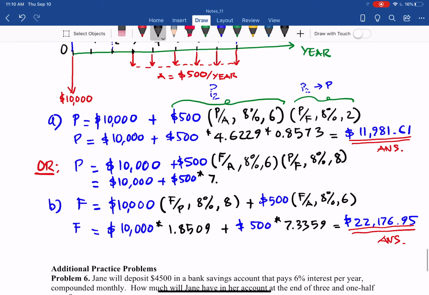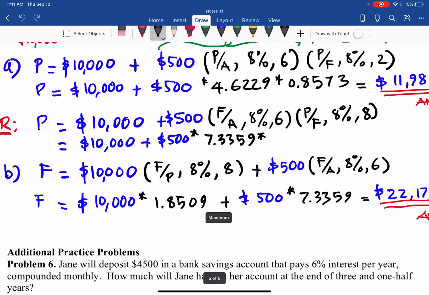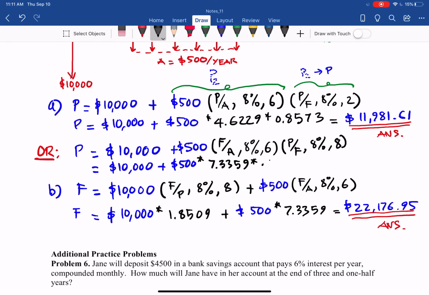That is part B, and then we just want to find the P over F. We already have the F over P, 8%, 8, then just flip that number, it will be 0.5403 for P over F, 8%, 8.